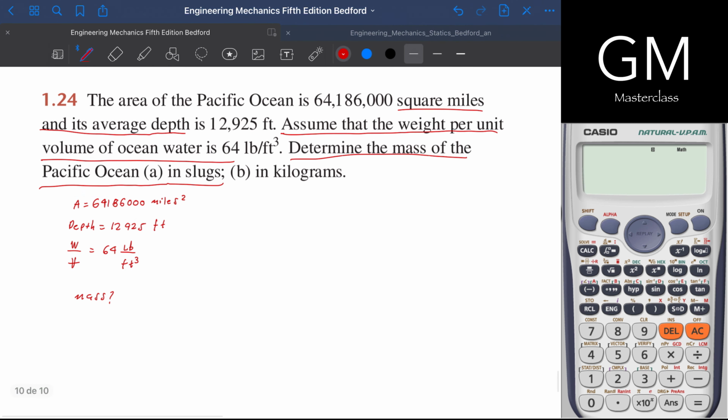Alright, there is something that I want to make clear here, and it is that I'm not using the same notation that the problem is using, because as you can notice, the problem is using commas for millions and thousands.